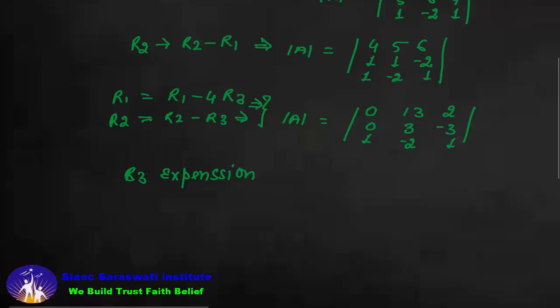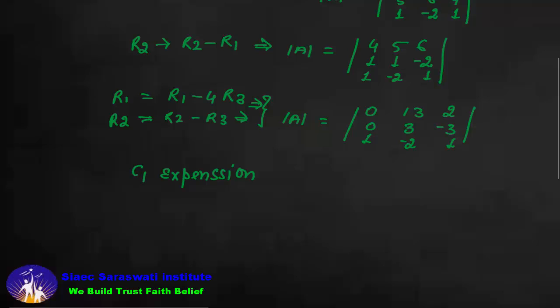So if you used C1 expansion, because C1 has mostly 0 element, so we will prefer the C1. Okay, so we will prefer C1 expansion.